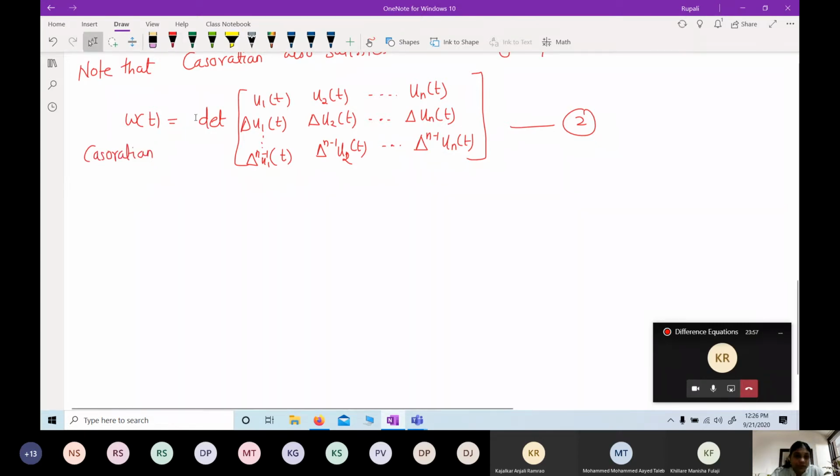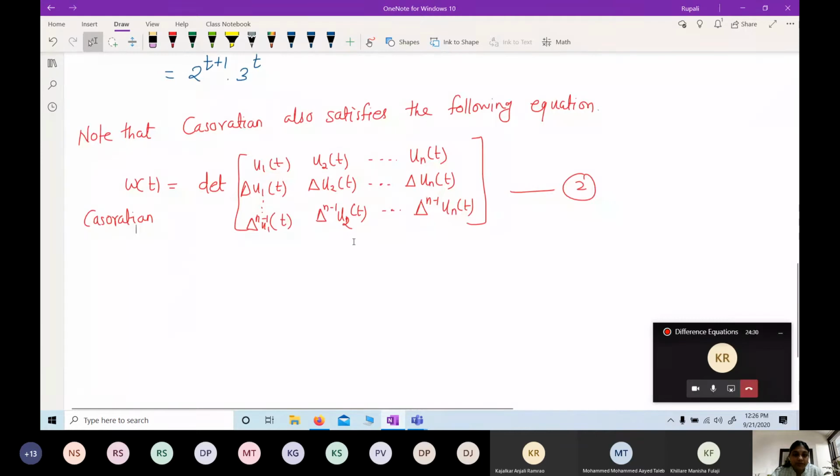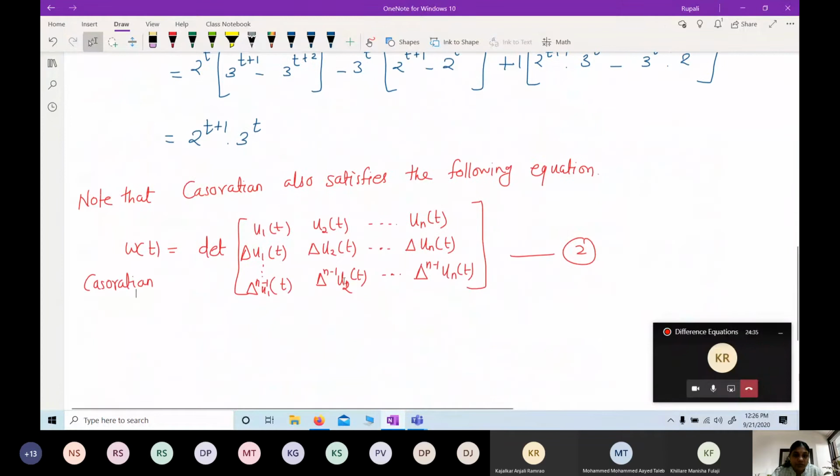So the Casoratian can be found by using this definition: determinant of u1t, u2t, unt; delta u1t, delta u2t, delta unt; and the n minus 1th order difference of u1t, u2t, unt, and so on. If we take the determinant of this matrix, again we will get the same value, that is nothing but the Casoratian. So instead of using this definition, one can use this definition also.